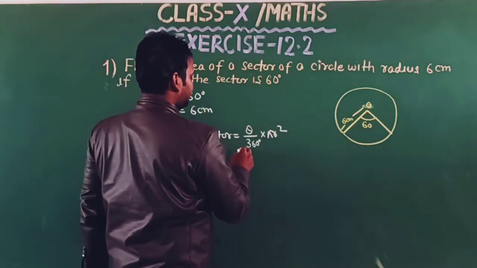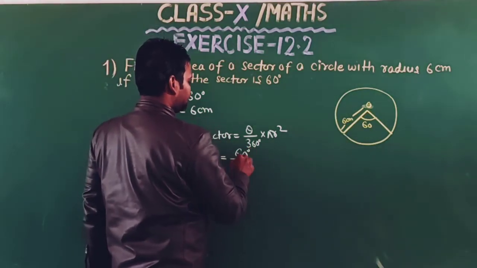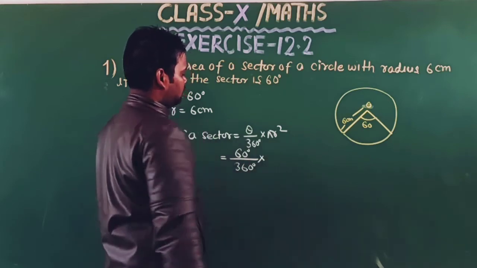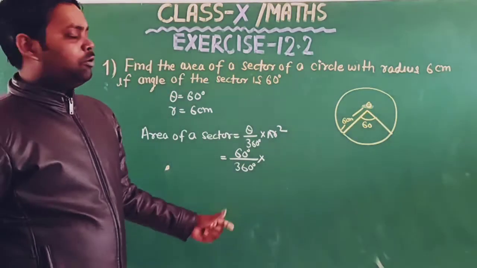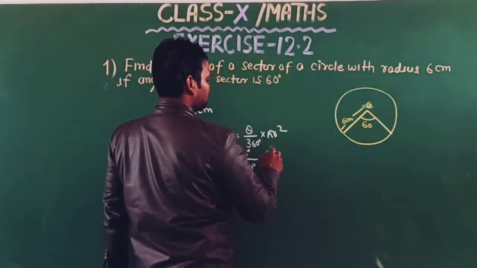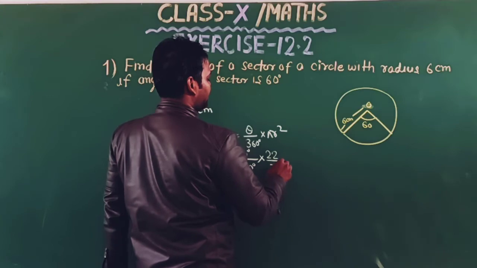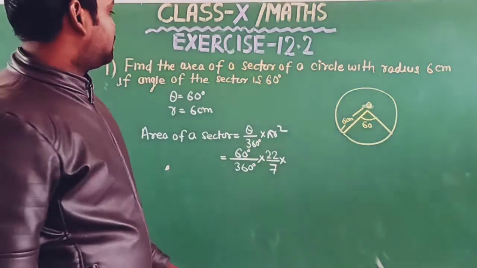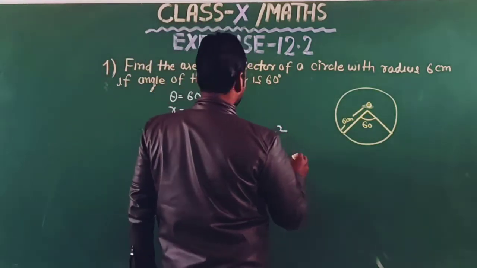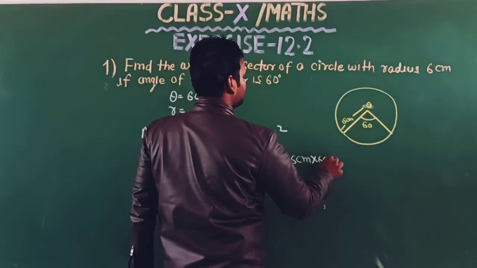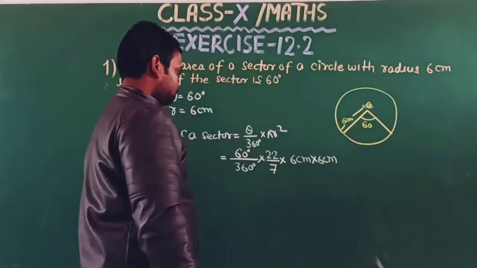So theta is 60 degree, this is 60 degree upon 360 degree into the value of pi, use 22/7, and radius r is given to us 6 centimeter, means 6 centimeter into 6 centimeter.